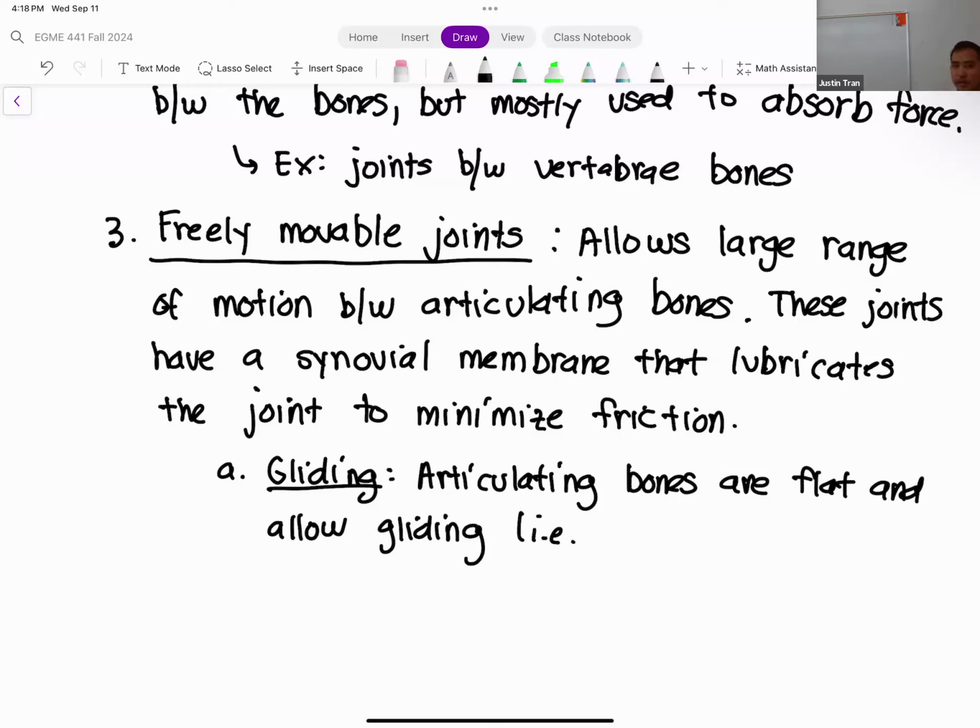When I say gliding, what I mean is translational motion. For the most part, most of the joints that we're going to talk about allow for rotational motion, and so we're going to be doing a lot of rotational kinematics, rotational forces, things like that. Gliding joints are unique in that they actually allow translational motion.